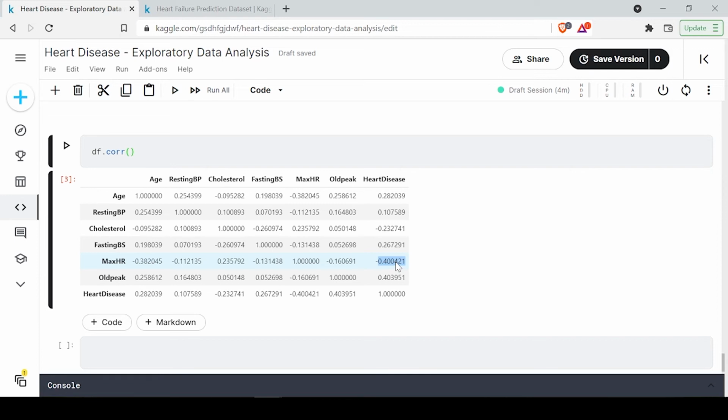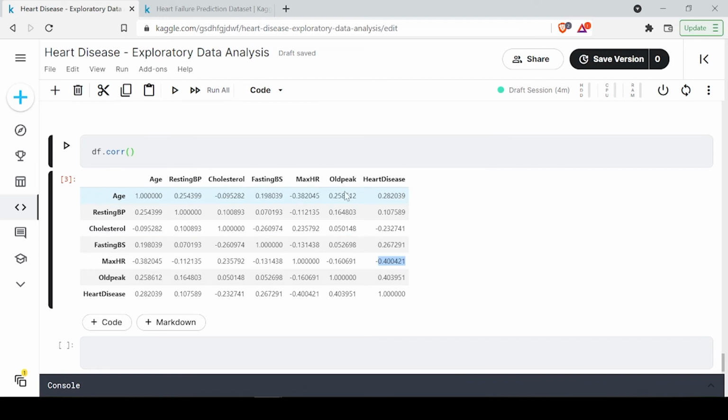Okay, from here we can find the correlation between multiple columns. In this data set there is no strong correlation, but in some data sets we can find a very strong correlation. And the benefit of finding correlation is, let's suppose if age increases, the chances of heart disease increase. If age decreases, the chances of heart disease decrease, and let's suppose we have 95% correlation between age and heart disease.